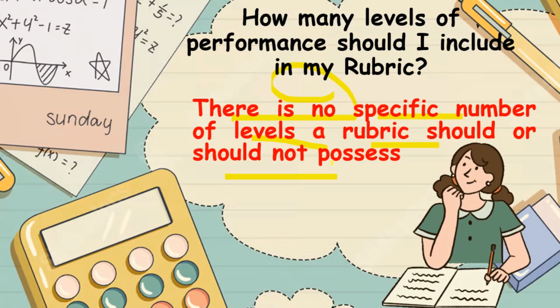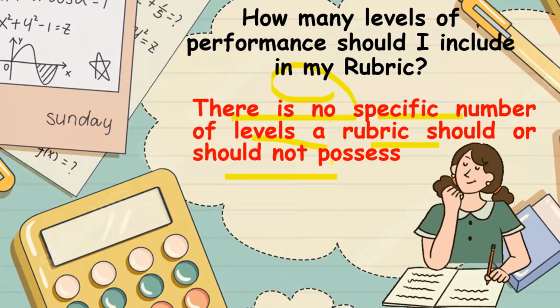Also, it is not true that there must be an even number or odd number of levels. Again, that will depend on the situation. Generally, it is better to start with a smaller number of levels of performance for a criterion and then expand if necessary.